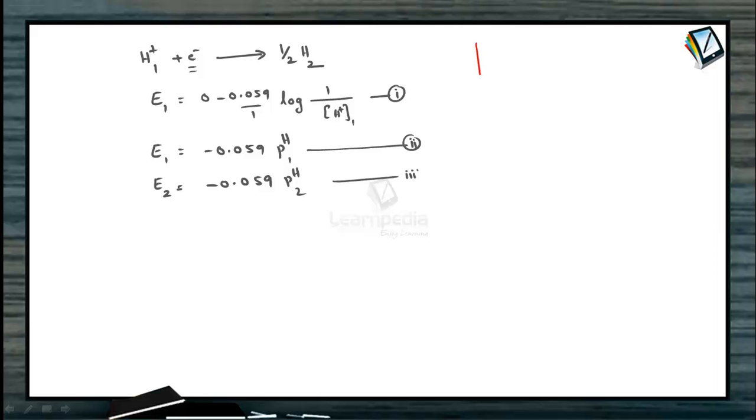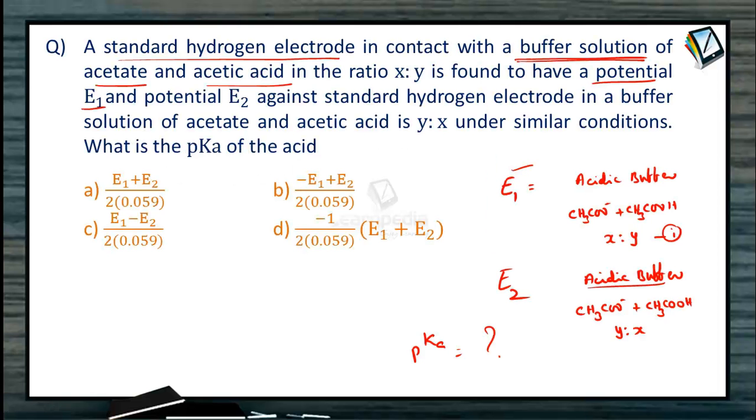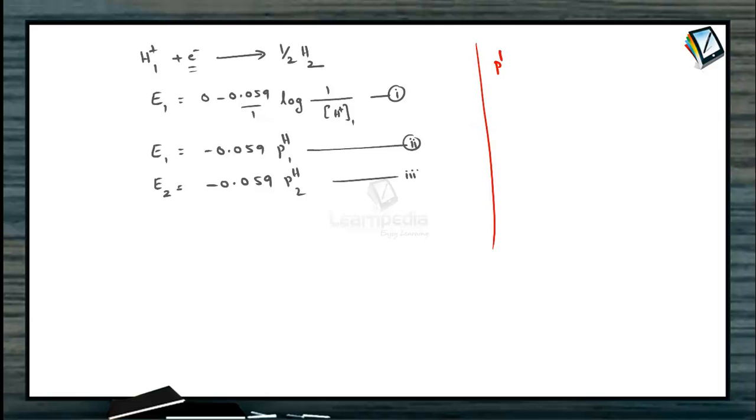Equation 3. And for the given acetate acetic acid buffer, where they are in the ratio of X is to Y, we have pH1 is equal to pKa plus log of salt concentration X, acid concentration Y. Let us take this as equation 4.